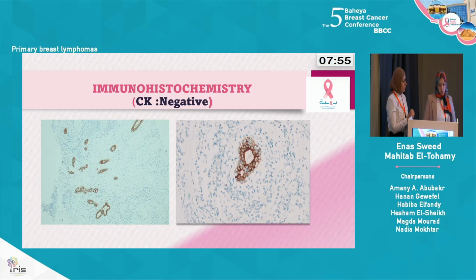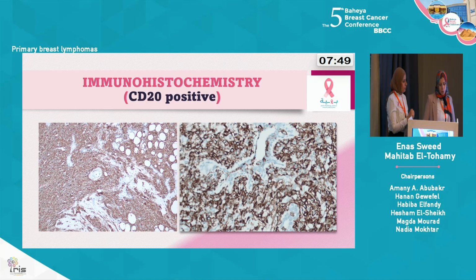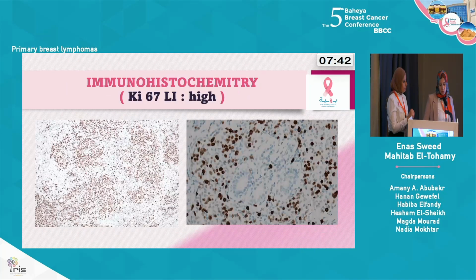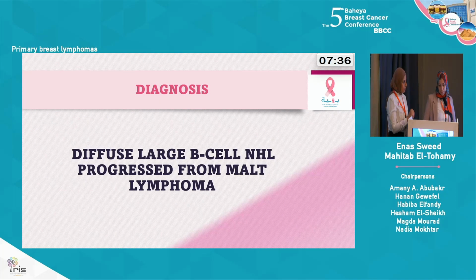Markers revealed absent reaction of the tumor cells for cytokeratin and diffuse positive reaction for CD20. CD3 stained the reactive T lymphocytes, but Ki-67 was high on the excision specimen. So the diagnosis was reported as diffuse large B-cell non-Hodgkin lymphoma progressed from MALT lymphoma.